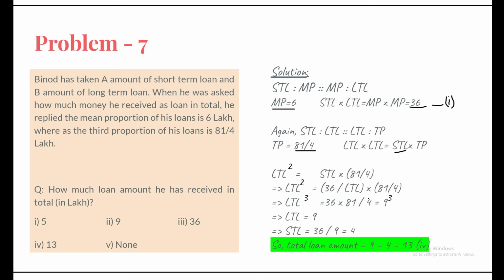And if we solve it, we get 9 cube. So the long-term loan is 9 and short-term loan is 36 divided by 9, that is 4. So the total loan he received is 4 plus 9, 13 units, meaning 13 lakh. So the answer is number 4. I hope you understood. Let's move on to the next problem.